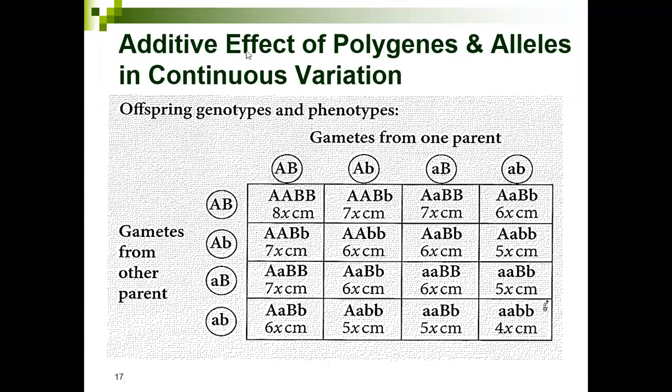For every Punnett square, remember when you write down the genotype, you also write down the phenotype, so that after that you can count the total number of phenotypes for each of them. We have a range of height from 4x cm, the shortest one, until the tallest one at 8x cm. But in between, you've got 5, 6, 7.